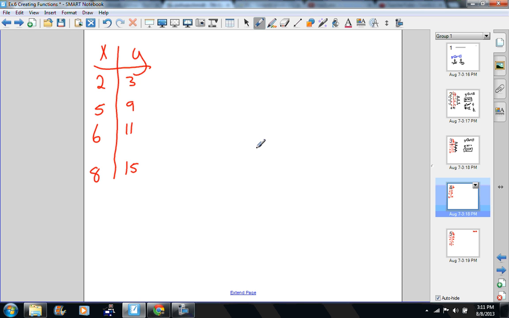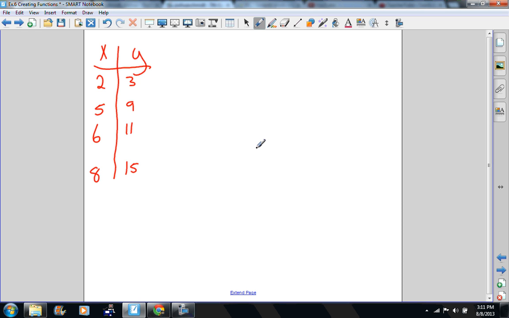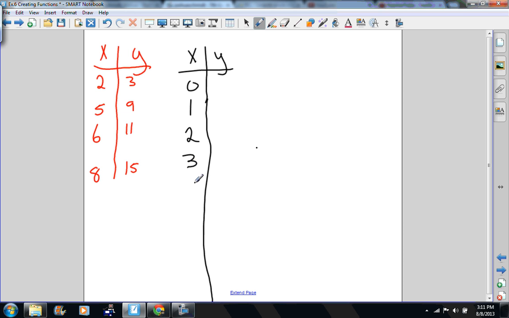Now here, we got a very janky table. We don't have a pattern or anything like that, so I'm going to totally rewrite this table with our pattern that we want. So first of all, I want x 0, 1, 2, 3, 4, 5, 6, 7, 8.